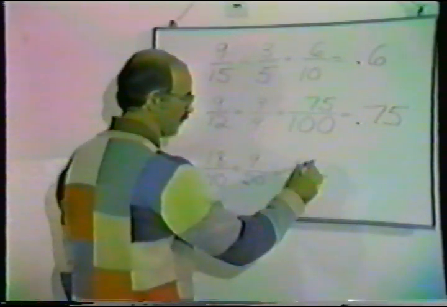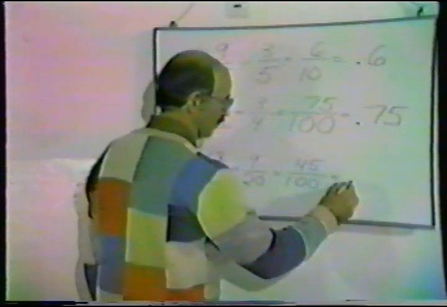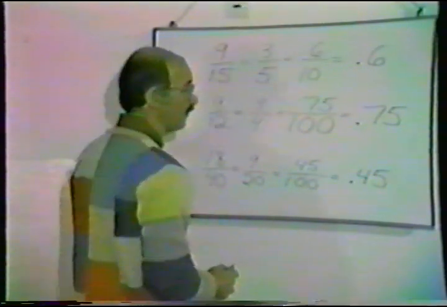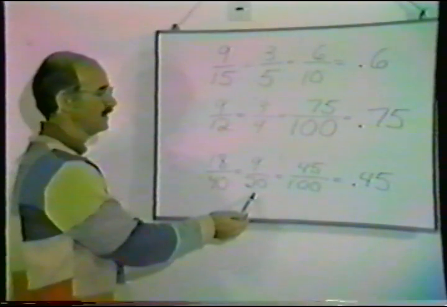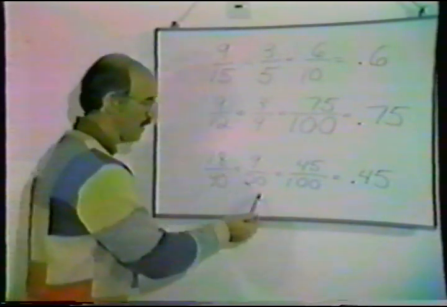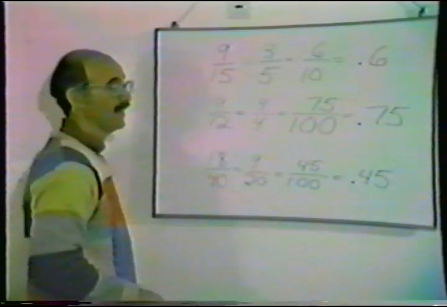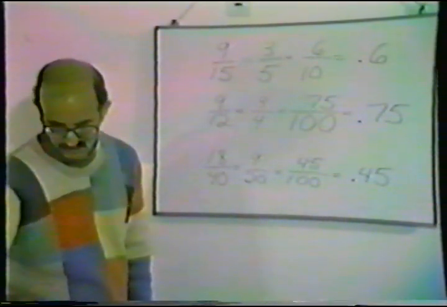Read this fraction. 45 hundredths, 0.45. We reduced it down to 9/20ths. We raised it up to 45 hundredths so that we could make it into a decimal.